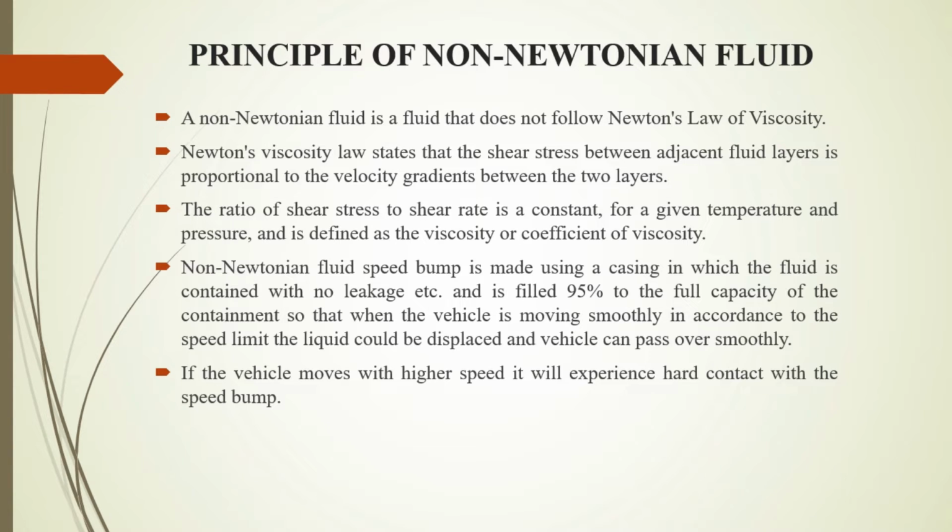When the vehicle is moving at a normal speed, the fluid behaves like a liquid and we can pass over smoothly. If the vehicle moves at a higher speed, the fluid behaves like a solid, and then it will experience high contact with the speed bump.